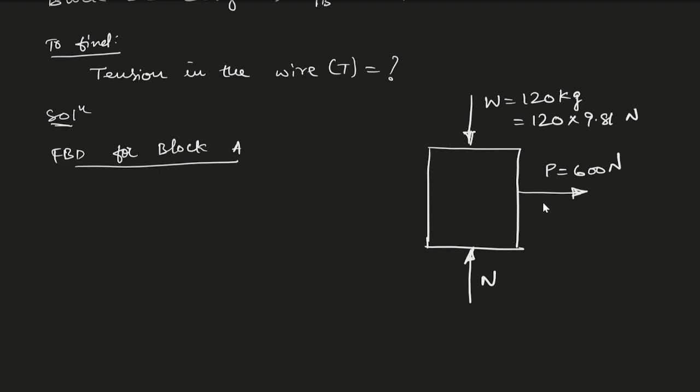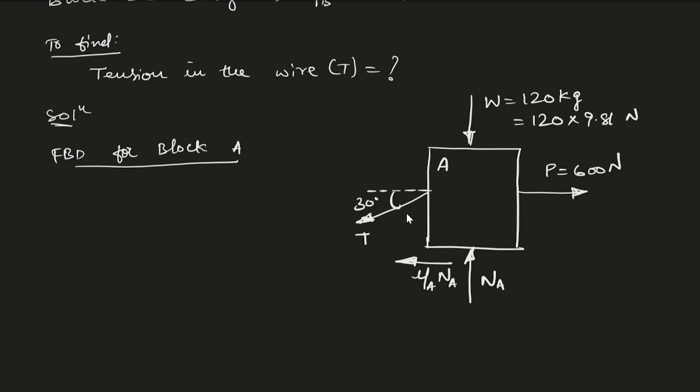Since the block is moving from left to right, here we'll have a frictional force in the opposite direction, that is mu A and Na. Here I'm writing down Na, so that we'll have a different one for each block. We'll also have a rope, a wire acting, that is a tension T. This is making an angle of 30°.